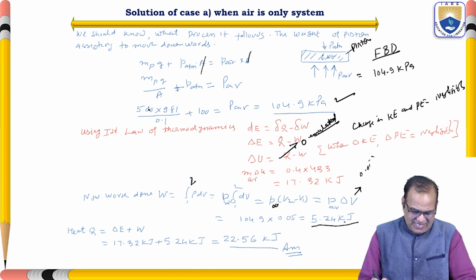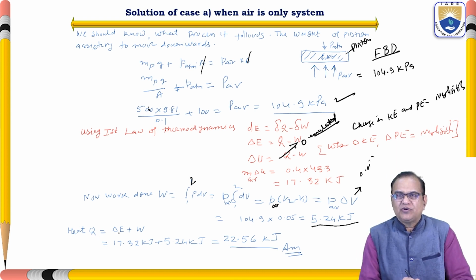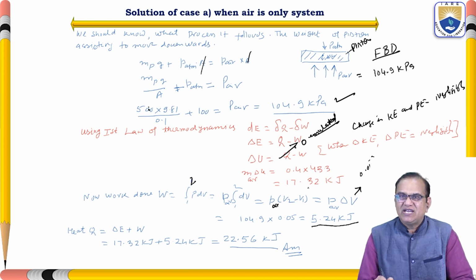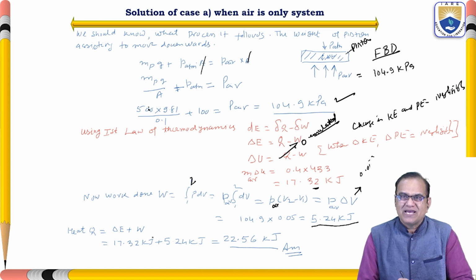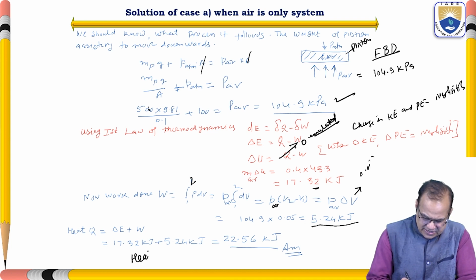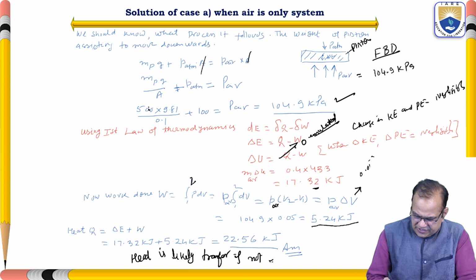Now we can see how much heat is exchanged. Q is equal to delta E plus W. Delta E we got 17.32, and W we got 5.24. So net heat is equal to 17.32 plus 5.24, which is 22.56 kilojoule. So this much heat is likely to transfer if not insulated.